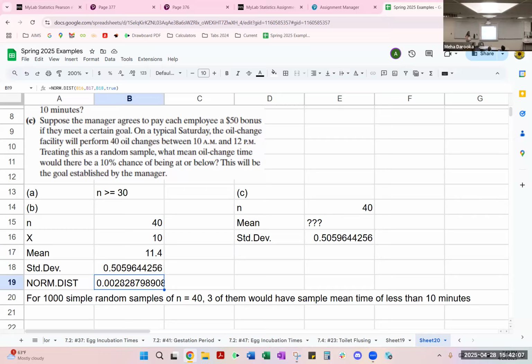So they're giving you the probability. They're saying there would be a 10% chance of being at or below the mean. So your probability is 10%, which as a decimal would be 0.1. So how do we go backwards to find the mean?